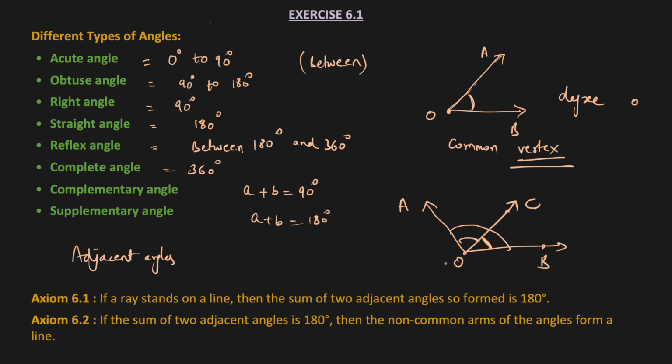There are three angles. Now angle AOC and angle COB are adjacent to each other because they have one full ray common between them, right? I hope this is clear, students, right?